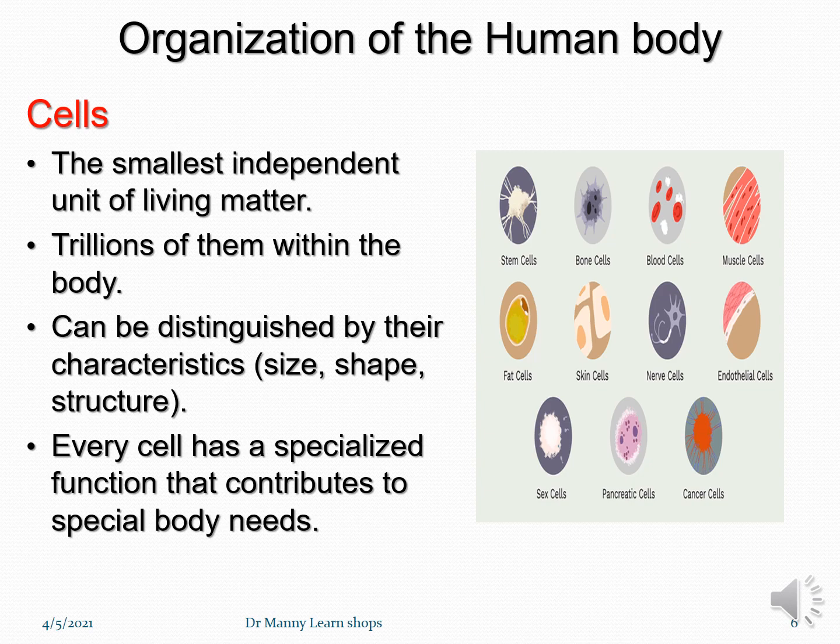And every cell has a specialized function that contributes to special body needs. As indicated in the diagram, you can have bone cells, blood cells, muscle cells, fat, skin, nerve, endothelial, sex or reproductive, pancreatic, cancer, stem, and more.